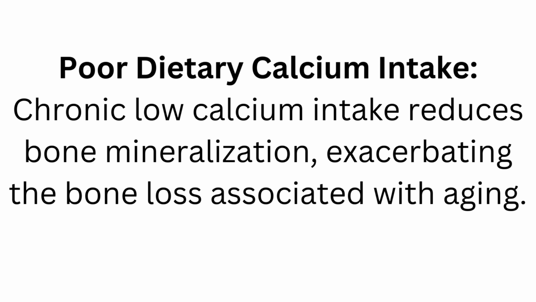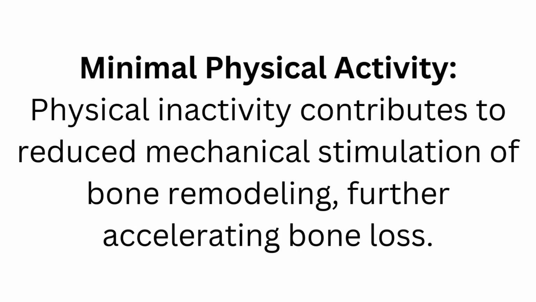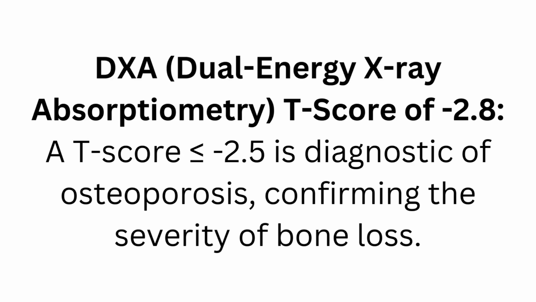If there is poor intake, it usually exacerbates bone loss associated with aging. Minimal physical activity contributes to reduced mechanical stimulation of bone remodeling, further accelerating bone loss. And also the DEXA scan shows a score of 2.8. A T score of 2.5 is diagnostic of osteoporosis, confirming the severity of bone loss.